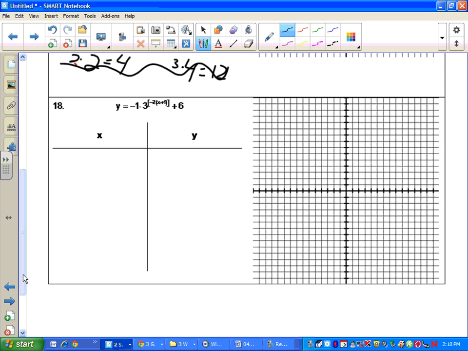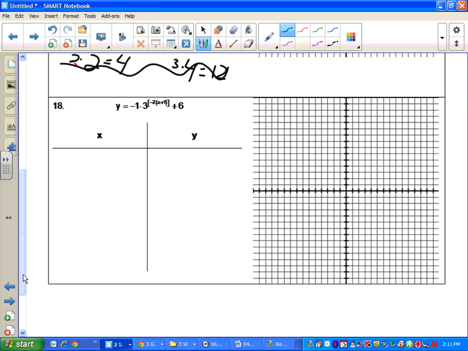Now, what's the difference in this one? What's its base? A 3, right? A 3. So when I get my table values, I have to use what? Do we have a table with 3 to the power of x? We don't have that one on the back sheet, do we? Where is it? Is it in the middle?